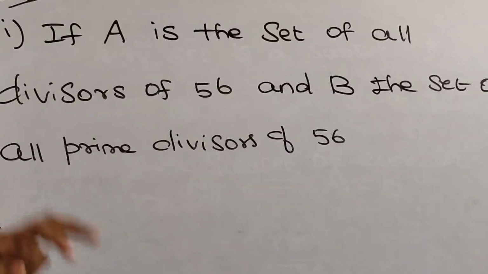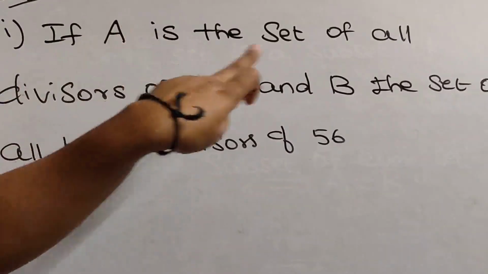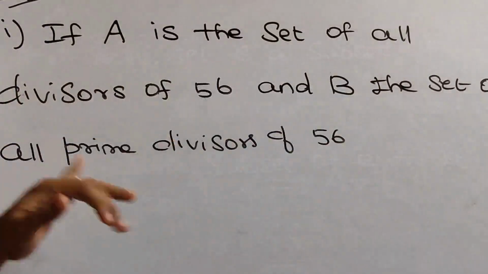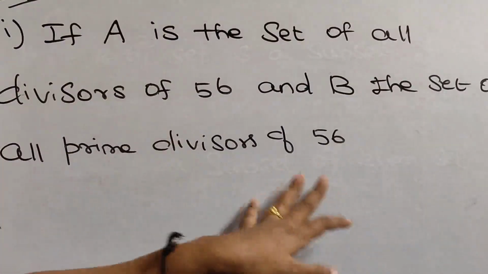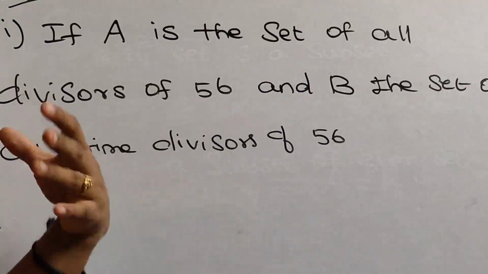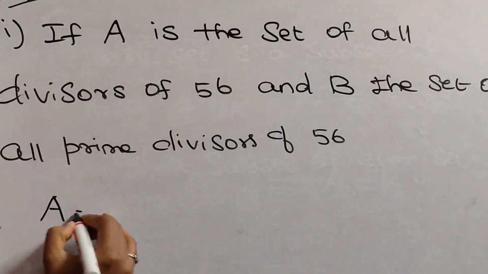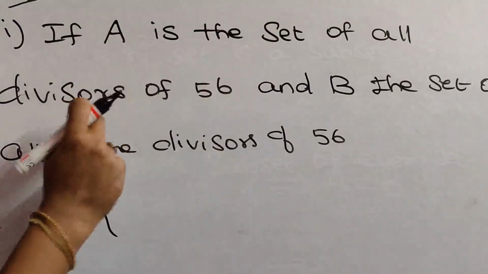Okay, if A is the set of all divisors of 56 and B the set of all prime divisors of 56. Now we have to say which one is a subset of which. Okay. So first, what are all the elements of set A? Set of all divisors of 56.